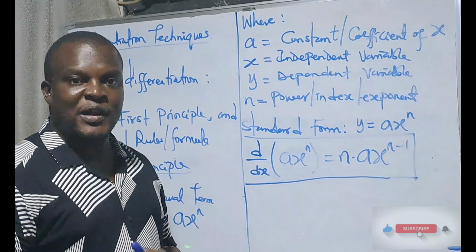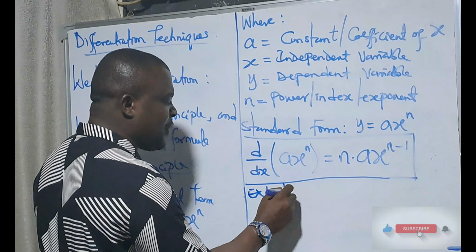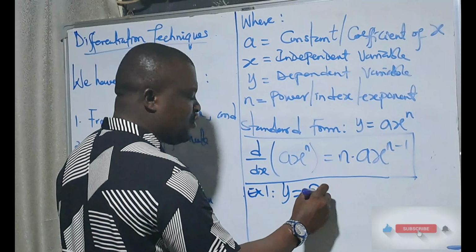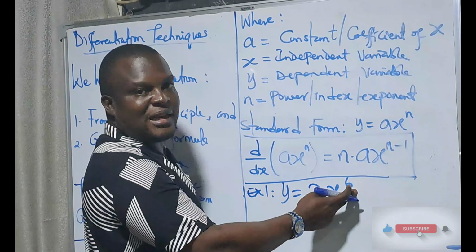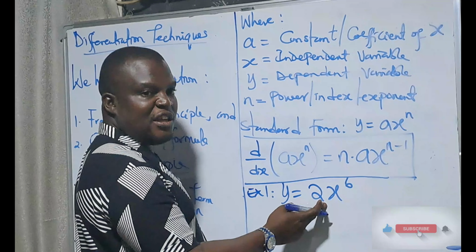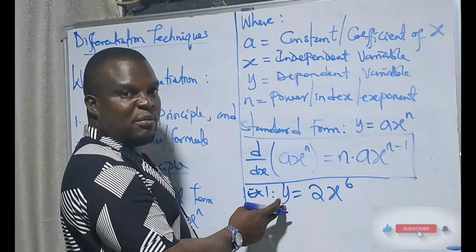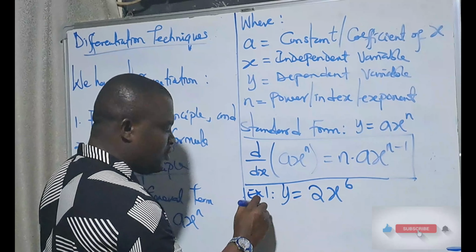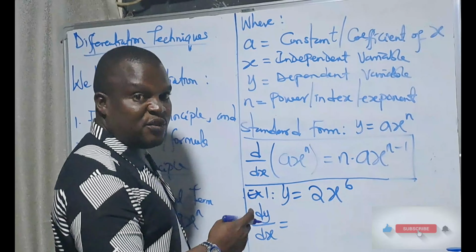Let's take for instance example number 1. Let's say we're given y equals 2x raised to power 6. Here the power is 6, the coefficient is 2, the independent variable is x, and the dependent variable is y. So what do we do? dy/dx. The moment you write dy/dx, that means you have started differentiating.